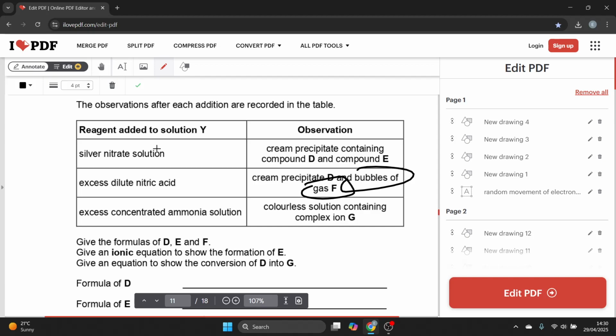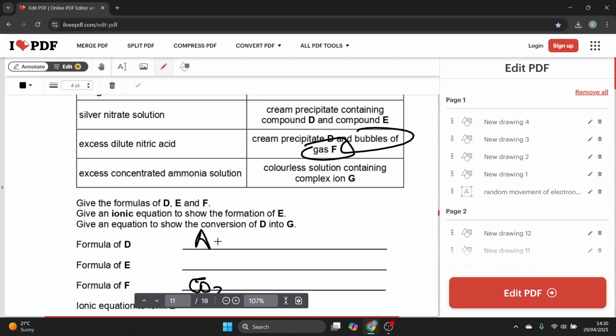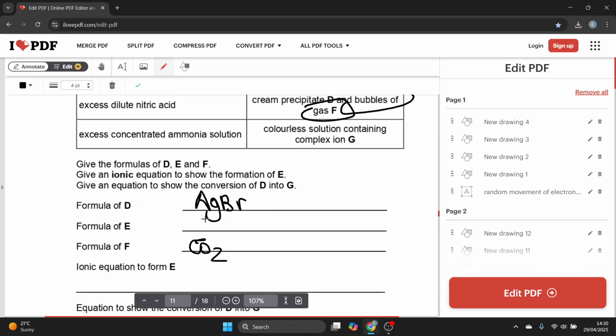So, cream precipitate. Silver bromide. And then the formula of E, compound E, Ag2CO3.